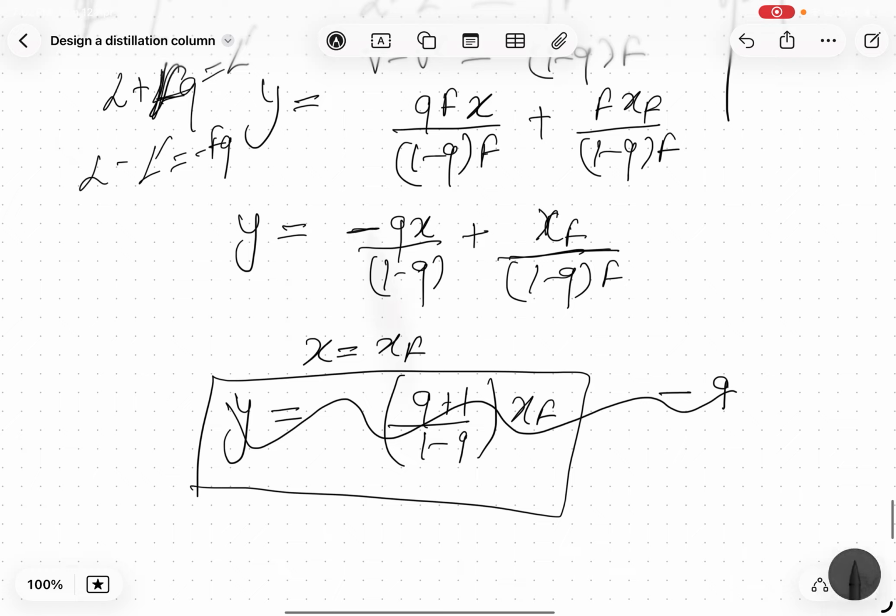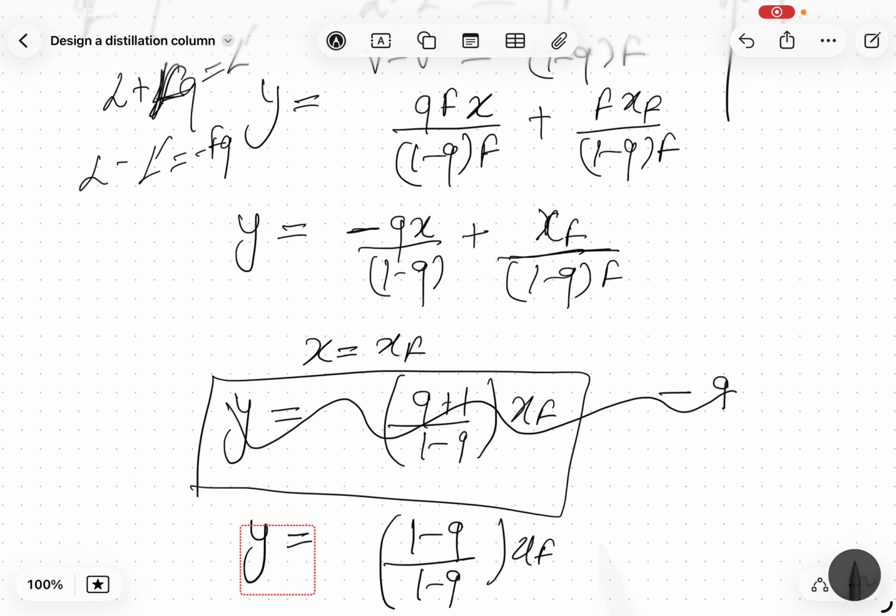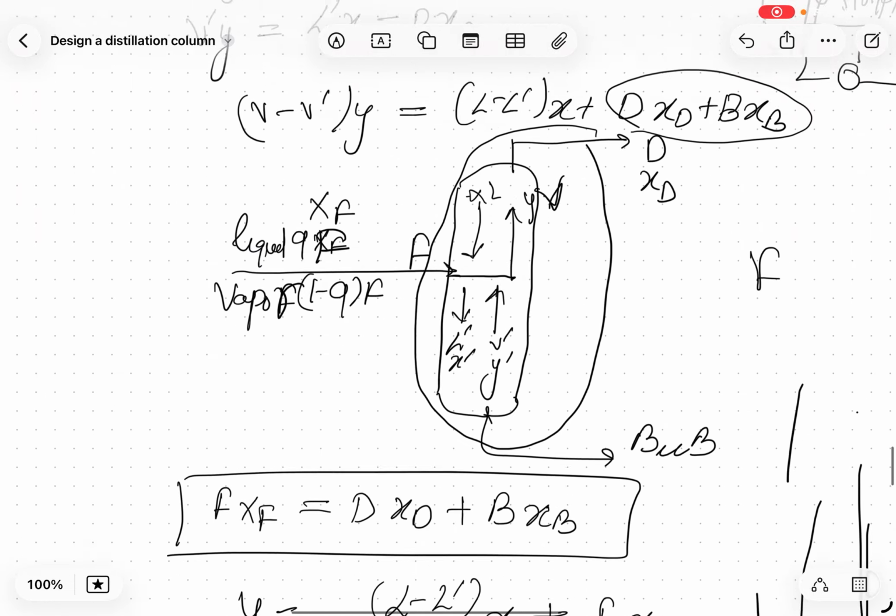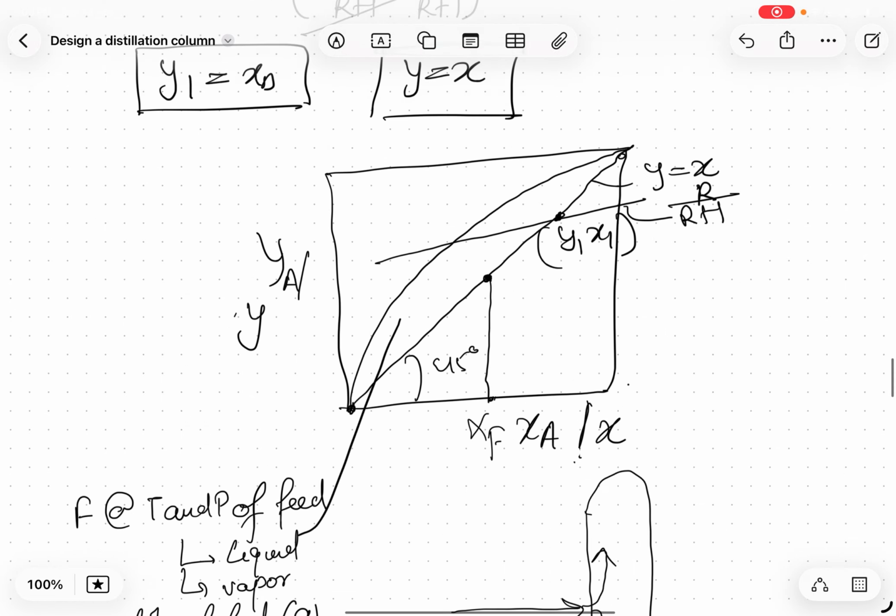So it will be the minus sign, and hence once X equals XF, you will have 1 minus Q divided by 1 minus Q times XF. So it has one point on the line Y equal to X, because here Y becomes XF. So it has one intercept on the 45-degree line. We got it.